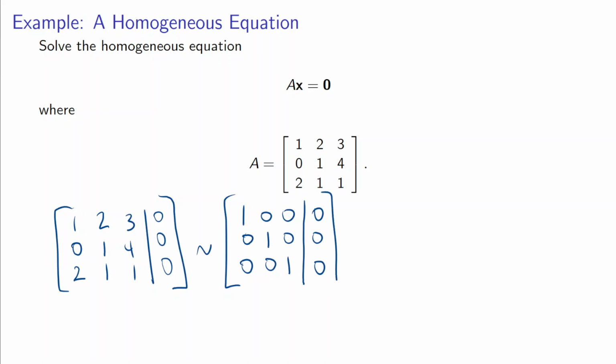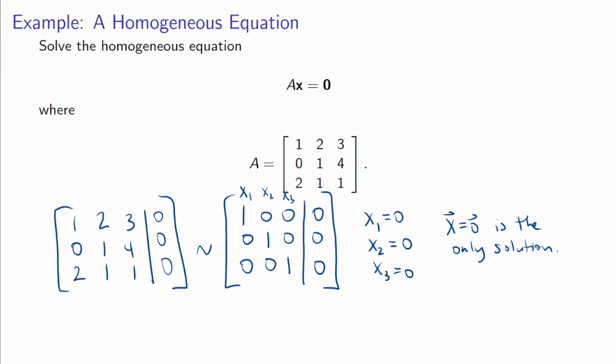We do end up with a pivot in every column but the last. If x is just x1, x2, x3, we do not have any of those columns missing a pivot. So we have just one solution here, and unsurprisingly, that solution is x1 equals 0, x2 equals 0, x3 equals 0. That trivial solution, x equals 0, is the only solution.